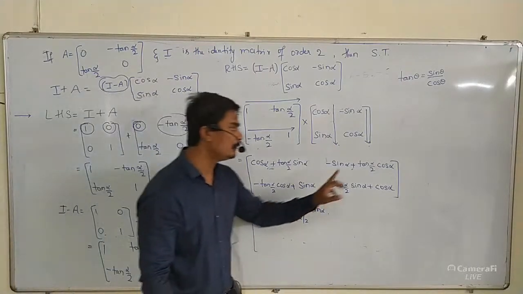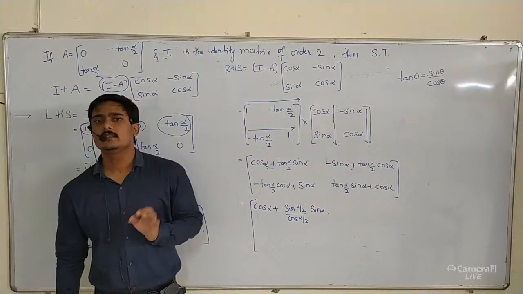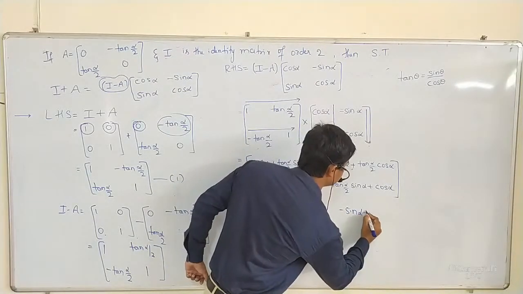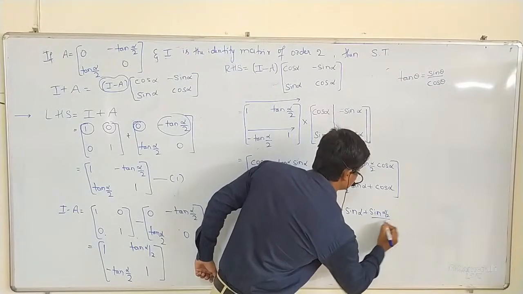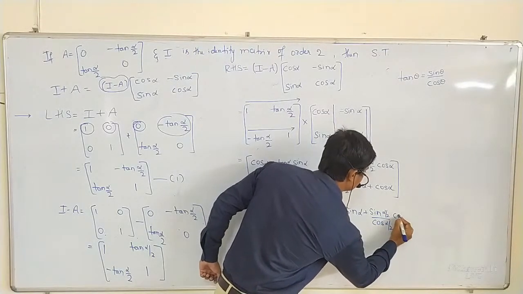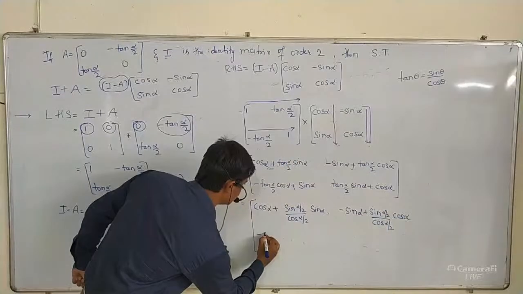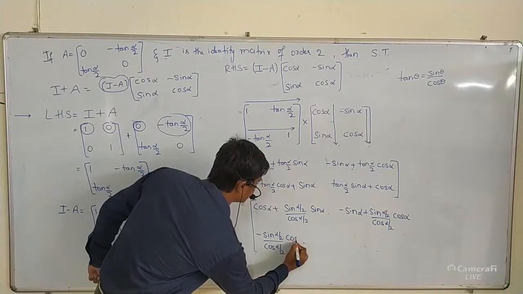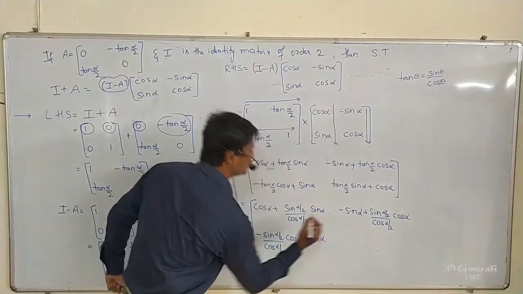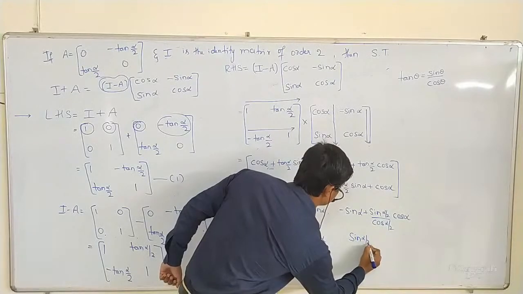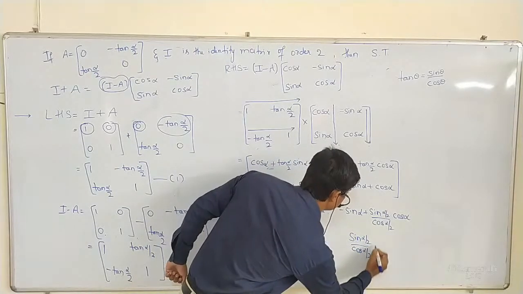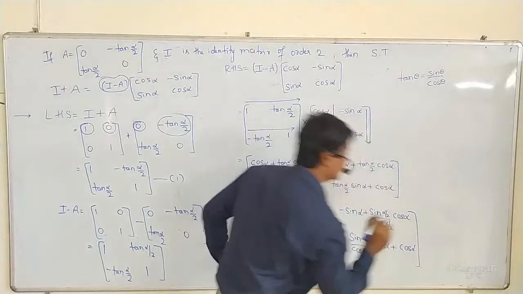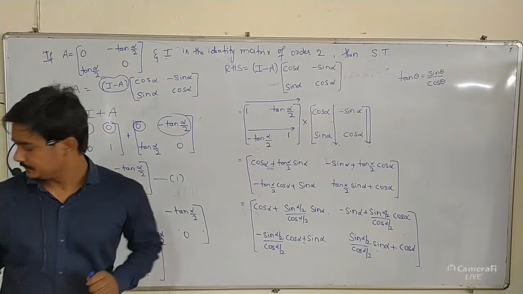In each term of the matrix where there is tan alpha by 2, write it as sin alpha by 2 divided by cos alpha by 2. Is that clear? Okay.